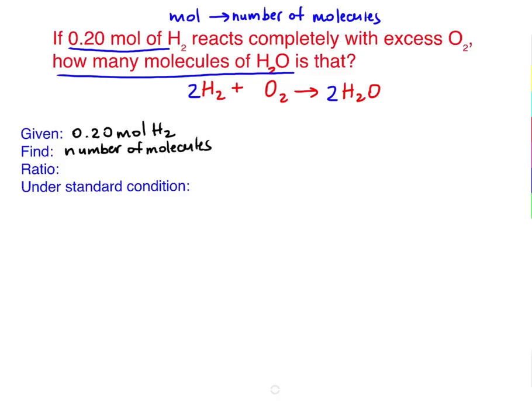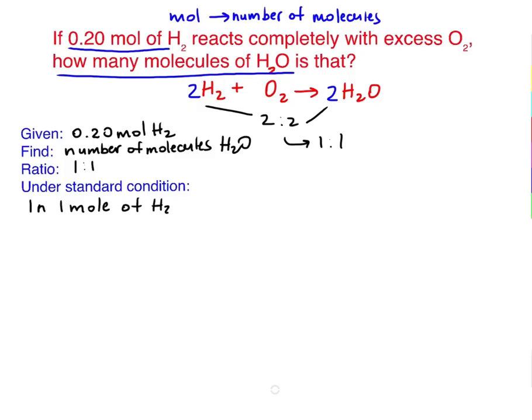You need to solve for the molecules of the water. And then the hydrogen to water ratio is 2:2, and we can simplify it and just write 1:1. Just for simplicity, you can write 2:2 anyways, because one will go in the numerator, one will go in the denominator.